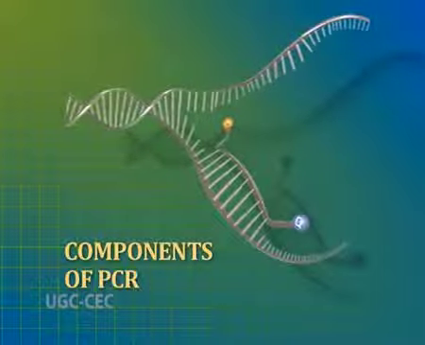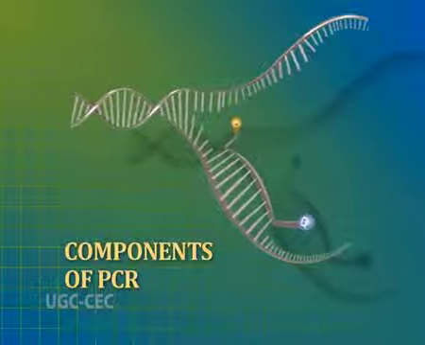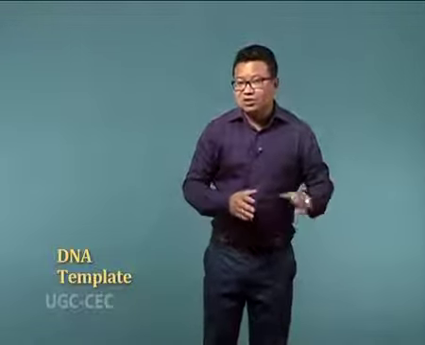In order to understand PCR, let us discuss the components of PCR. First, the DNA template. The sample DNA that contains the target sequence is known as a template. DNA polymerase, a type of enzyme that synthesizes a new strand of DNA complementary to the target sequence.